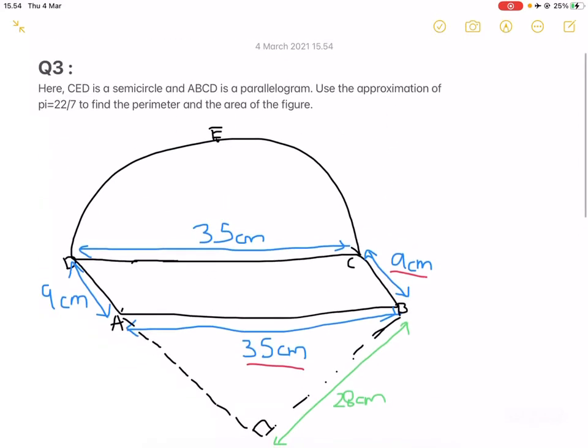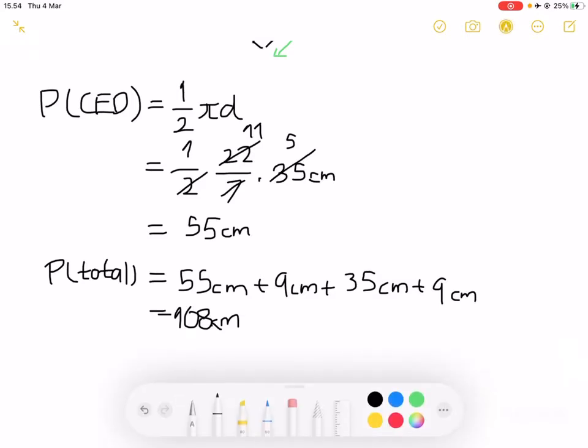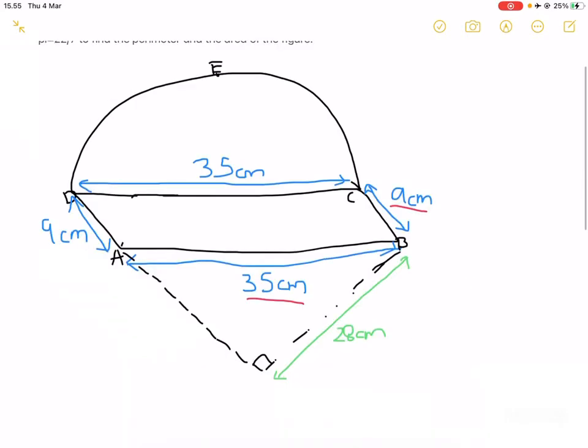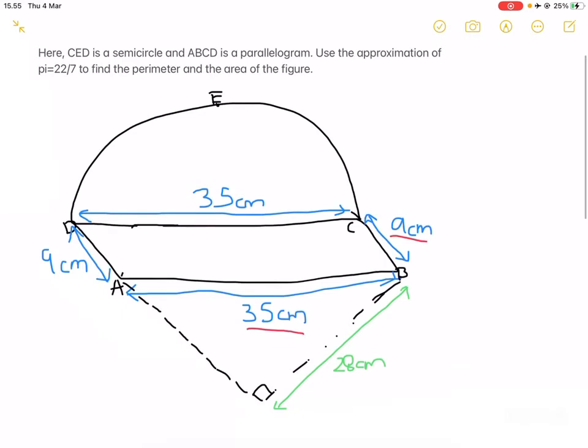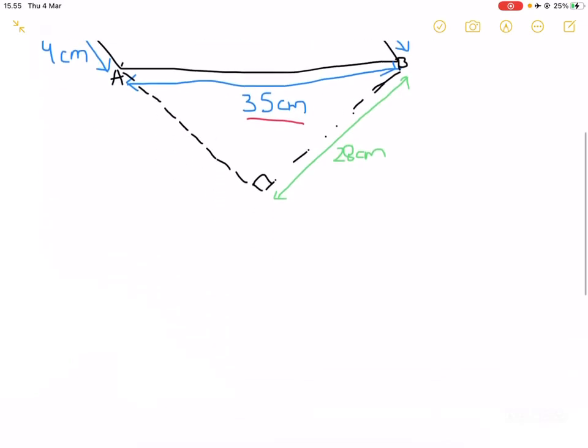Now we're going to focus on area, and I'm just going to clear some space first before I work out this thing. For area, it's just the sum or the total area of the figures that are built into this figure, and I'm just going to write down the equation.